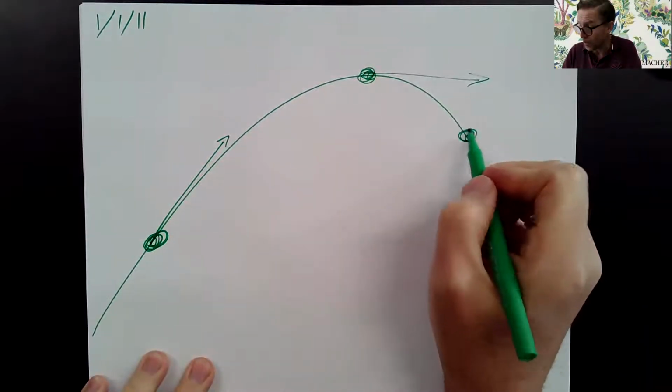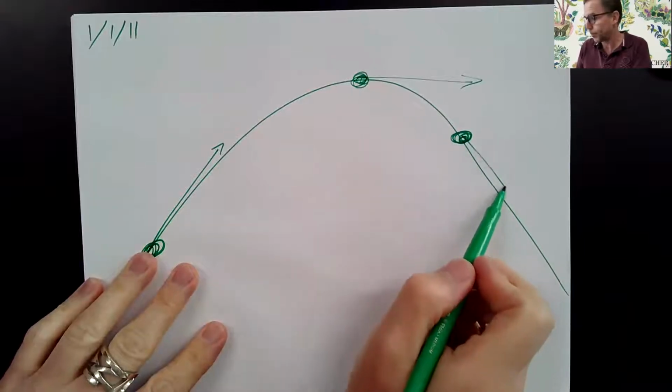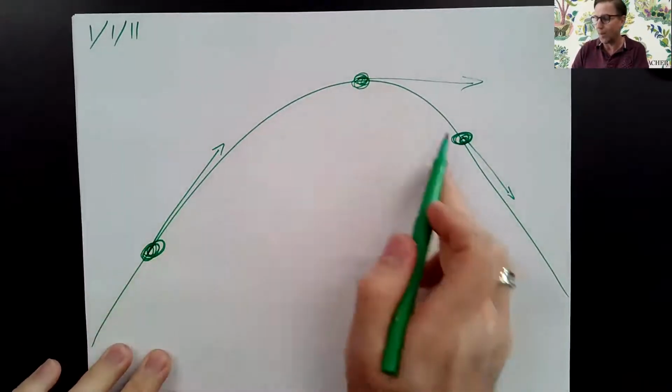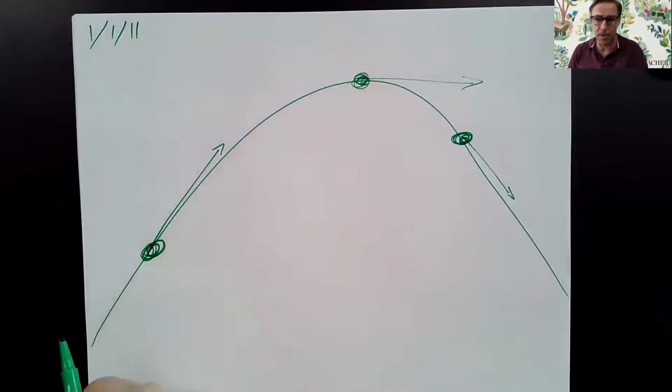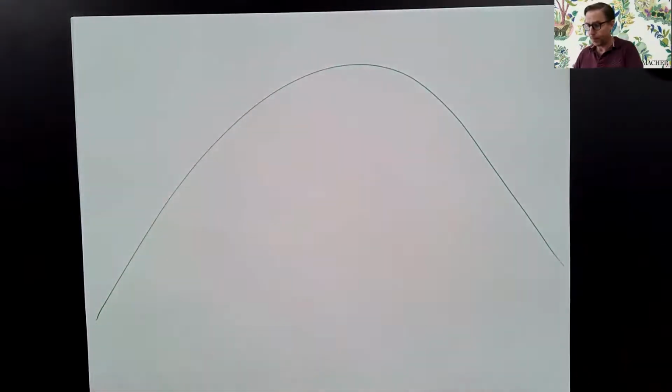Sometimes the ball starts out over here, going down and right. If you're at the top of a building and you're throwing something down to someone on the ground, the initial velocity is down and right. The velocity vector is always tangent to the parabola. But every problem has this parabola.